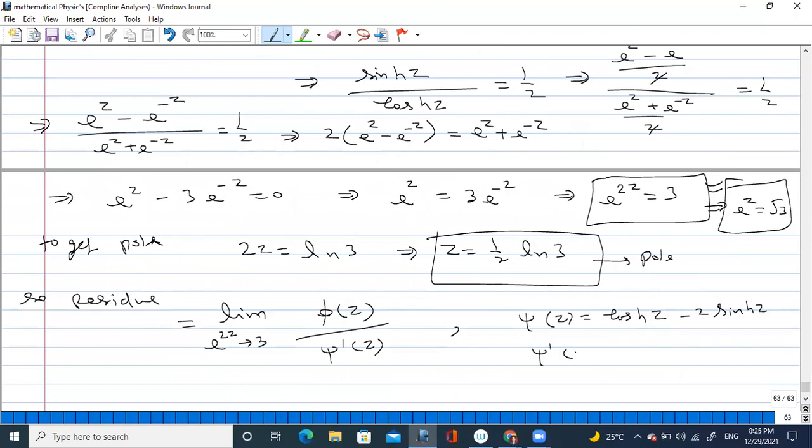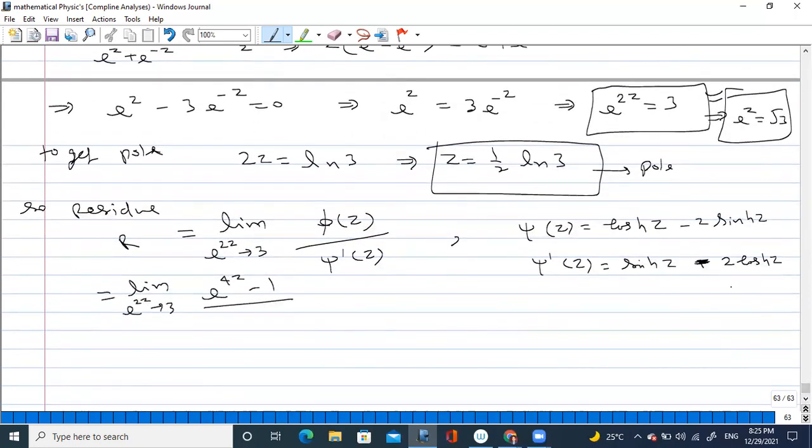Okay, so psi dash z will be sin hyperbolic z minus 2 cos hyperbolic z. So that I can write here. So my residue r will become limit e to the power 2z tending to 3, phi z is e to the power 4z minus 1, divided by this one.